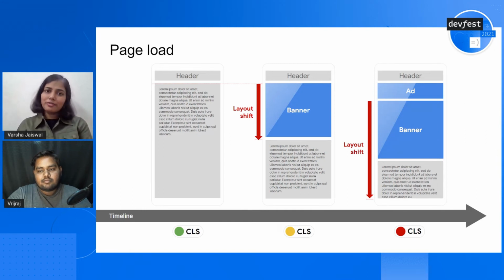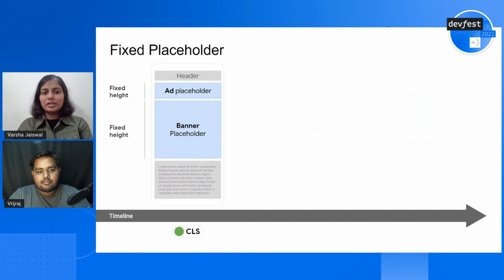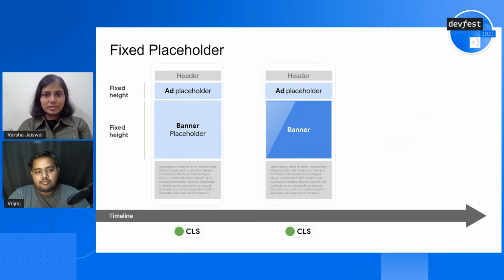Suddenly, let's say you have added an ad as well, and again the ad gets loaded after the image, again a layout shift is occurring, and hence your CLS is poor. So how can you improve it? You can provide fixed height or fixed width to all these banners. Let's say you had an image and an ad, you can provide the width or height for them, and the text which should be there is already below that.